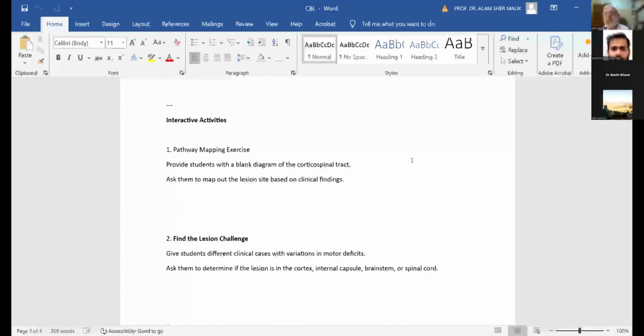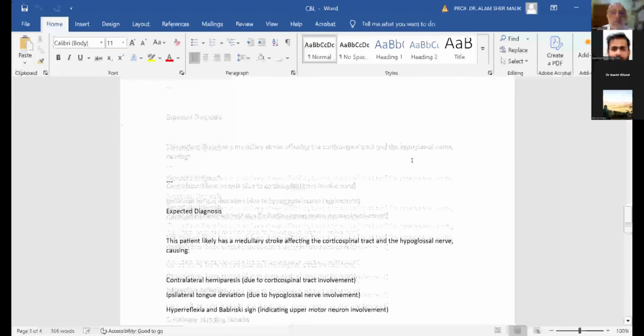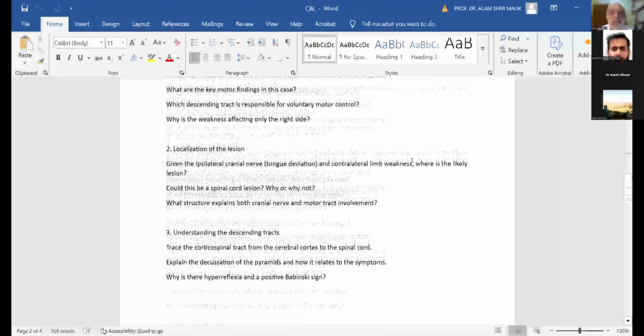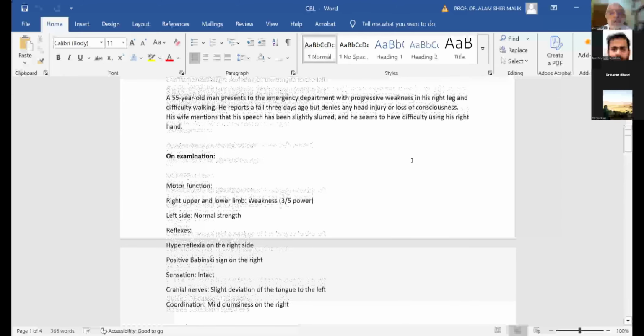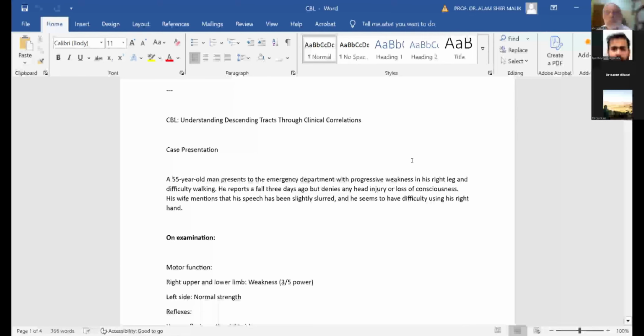Yeah, I think that's a very good example. In the first session you teach about, let's say, the anatomy of these tracts and maybe their functions and what can happen if there is a problem, and then you ask the students to apply that information in the second session.